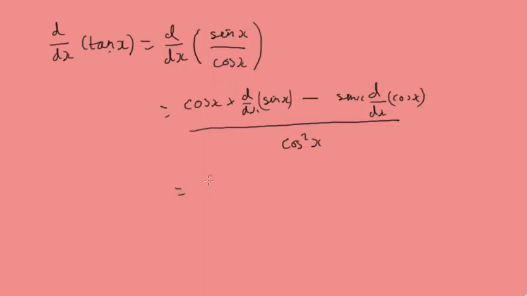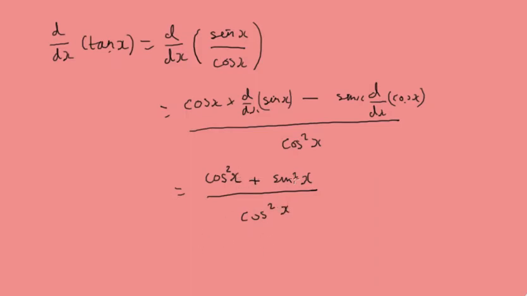Let's put the values of the derivatives in. This will give us cosine x times cosine x, so it's cosine squared x, minus, and minus sine x is going to become plus sine x times sine x, so sine squared x, all over cosine squared x.